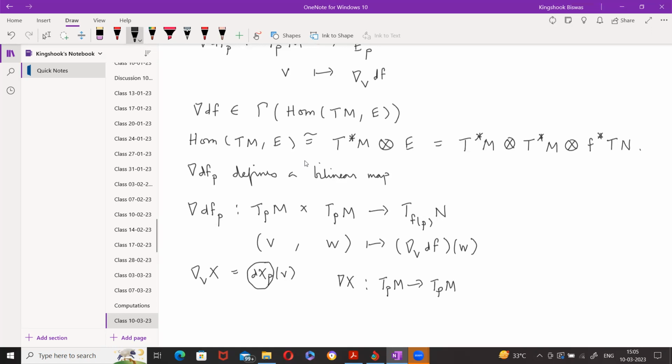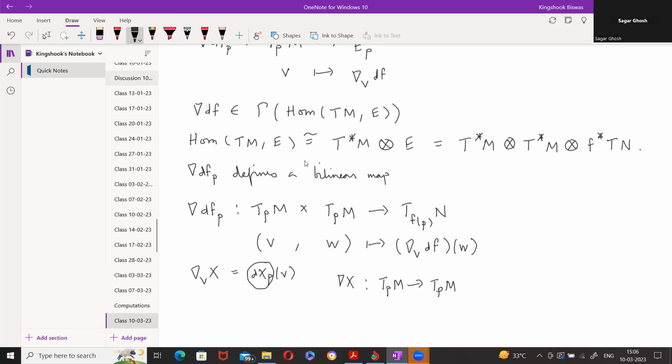That only makes sense if your manifold is sitting inside R^n. Otherwise, this doesn't make sense. I see, okay. I mean, there is one thing dX, but that's a much more complicated object.